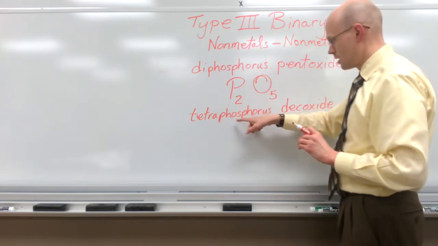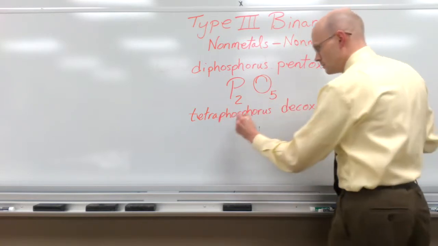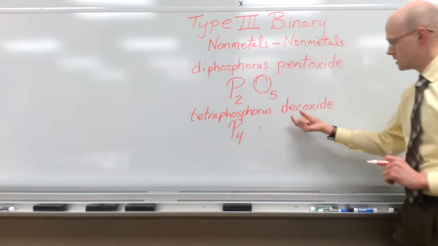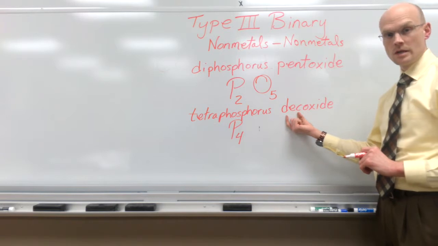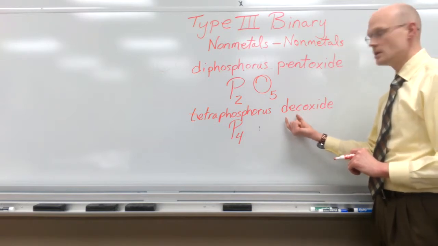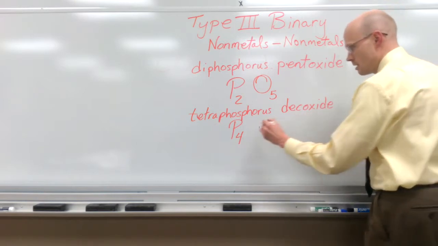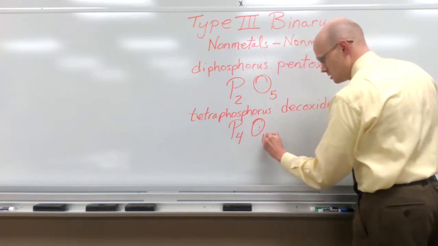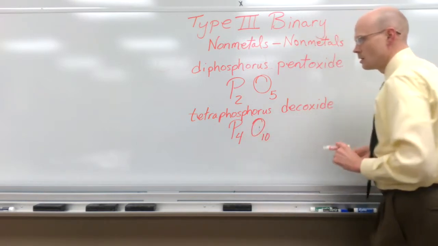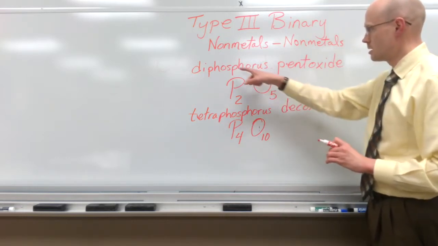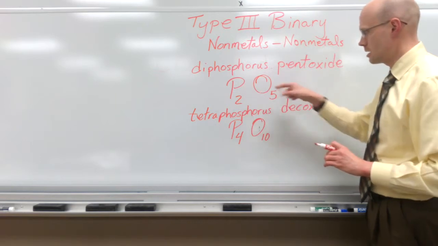So we have phosphorus 4, P4. Deca, much like a decade, 10 years, deca, 10. So oxide, oxygen, P4O10, tetraphosphorus decoxide, diphosphorus pentoxide.